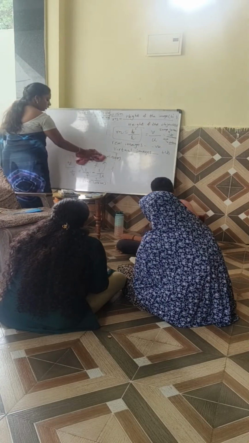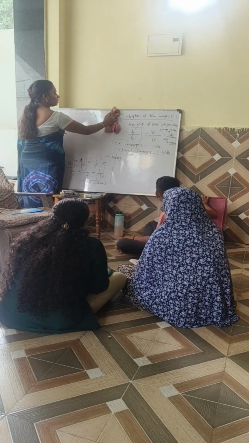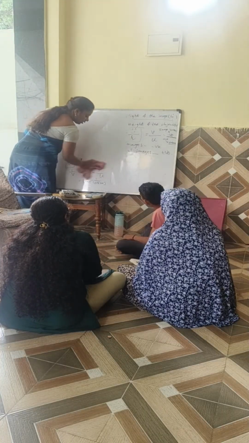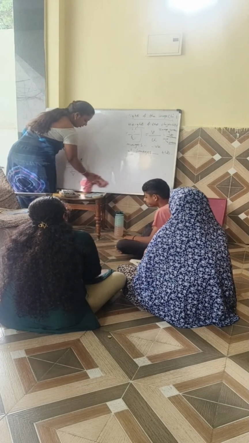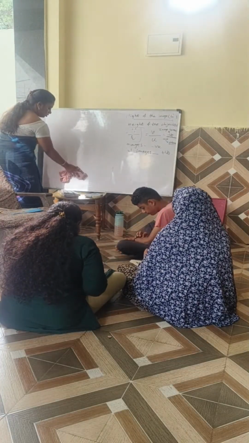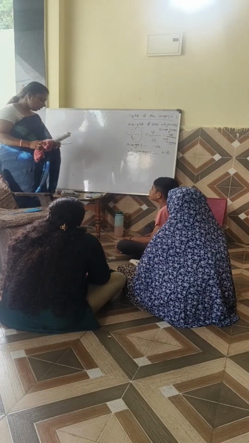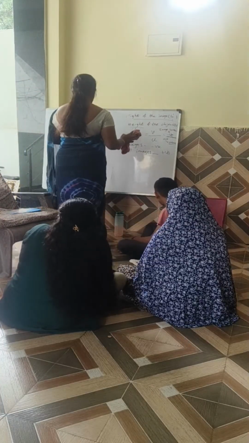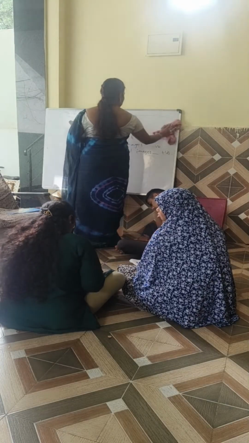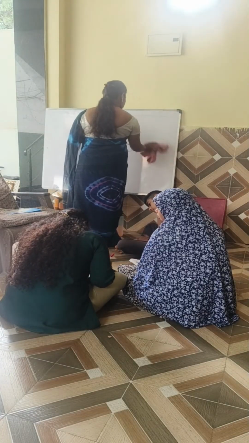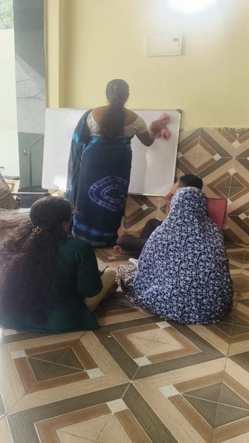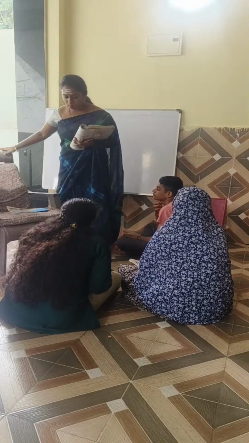Remember what is the formula? 1 by V plus 1 by U equals 1 by F. If you want to find out the focal length, the formula is R by 2. We will do problems on this tomorrow.